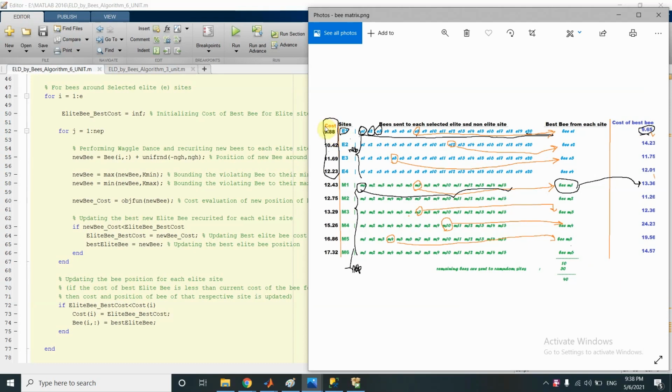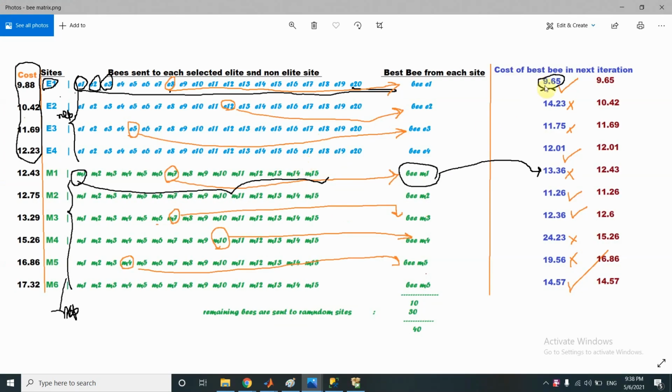We will keep this value. So in the example that we had taken, the cost value has been found to be better for E1. So it will be updated. These two won't be updated because they are not better than the previous values, but this value will be updated.